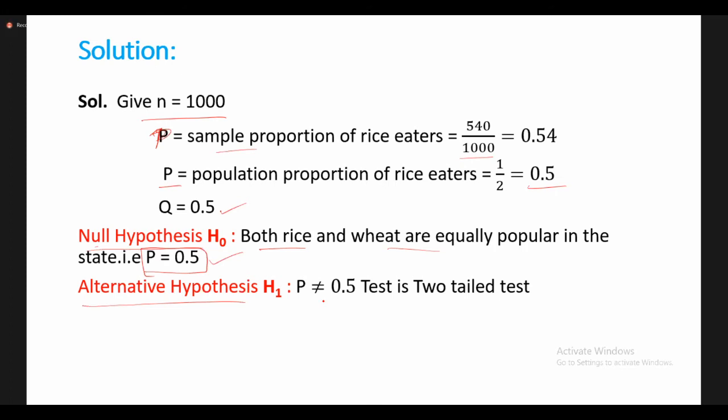If they give any condition like that, accordingly we'll write the alternative hypothesis. But they didn't give any condition. That's why we take the alternative hypothesis as P not equal to 0.5. It may be less than or greater than, we don't know. That's why we take not equal to.